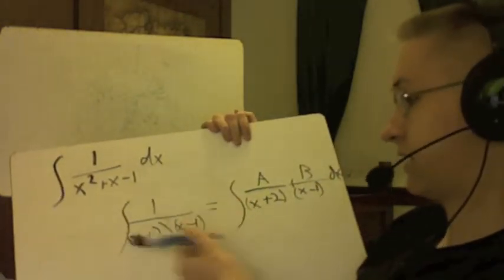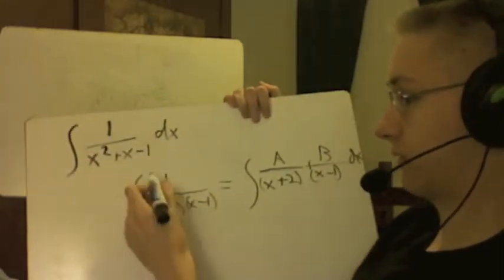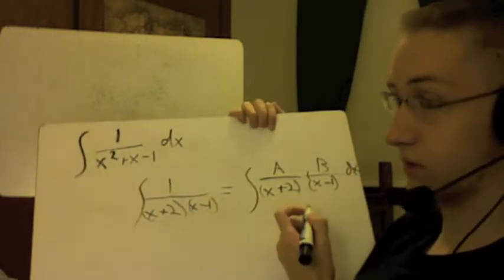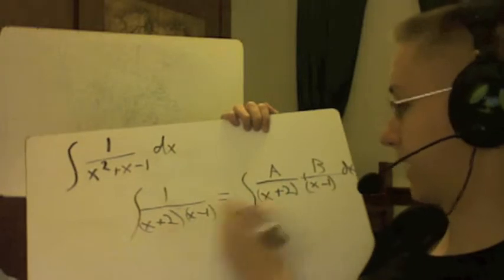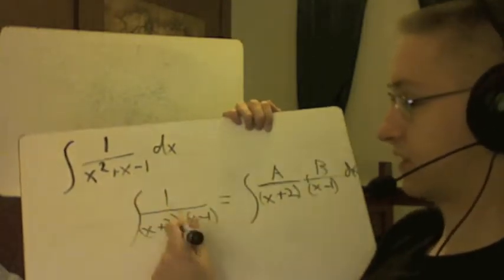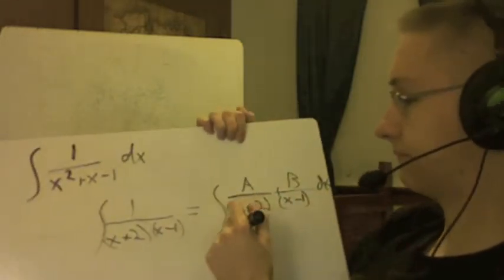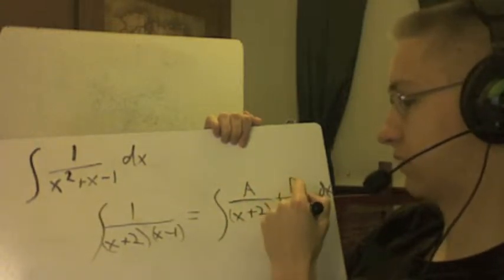So, if this is equal to this, then this part inside is equal to this, which means we can get rid of the denominators by multiplying both sides by this. So, multiplying this by that, we get 1, and on this side, the x plus 2 will cancel, and the x minus 1 will cancel.